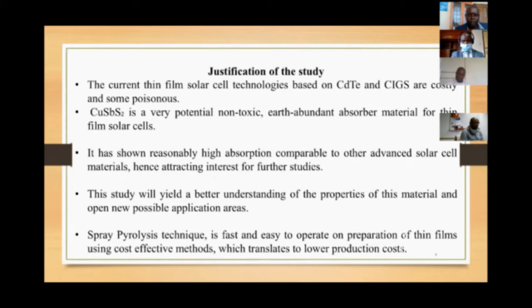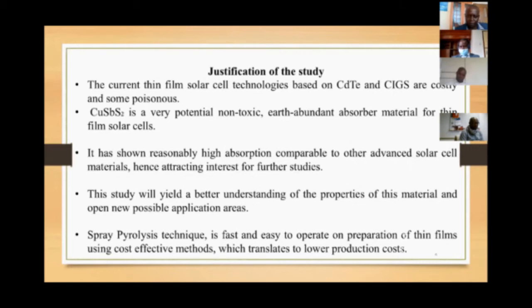Therefore, I see it as an abundant absorber material that can be used as a thin film in solar cells, and it also shows high absorption comparable to the advanced materials. Hence, it has attracted interest for further studies.